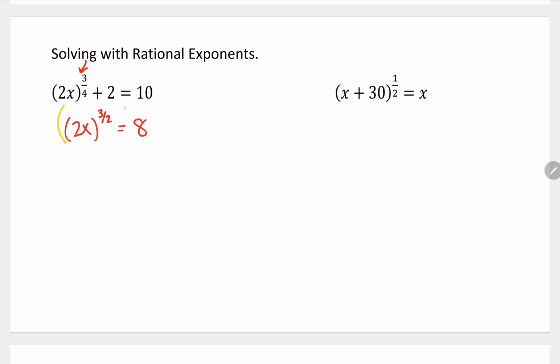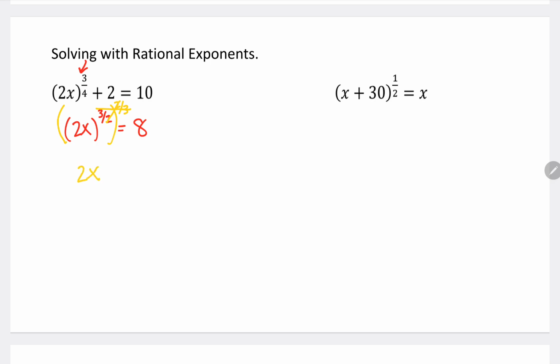I'm going to raise this to the power of 2/3 in order to get rid of that exponent of 3/2, because our exponent rules say when you raise a power to a power, you're multiplying them, and 3/2 times 2/3 is just 1.